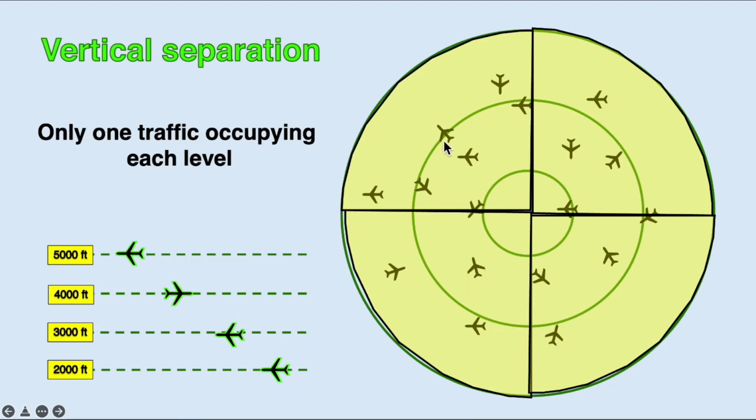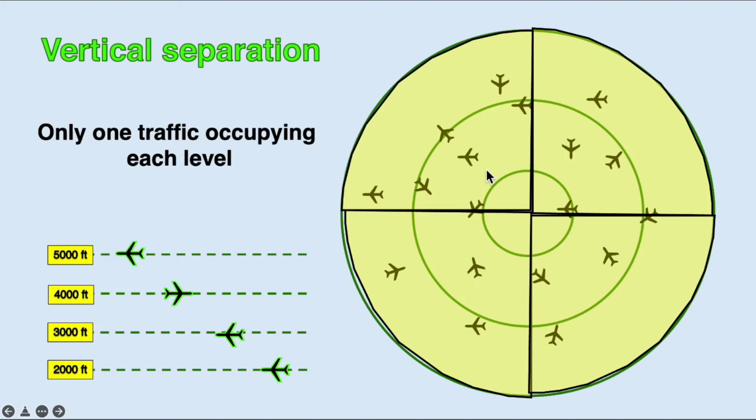Of course, you can have one traffic here at 4,000 feet and another traffic at 4,000 feet here, but you can't have two traffics at 4,000 feet in the same sector, because that's the risk of losing separation vertically. So in order to apply this separation properly, always ensure that in one portion of the radar, you only have one traffic flying at one level.